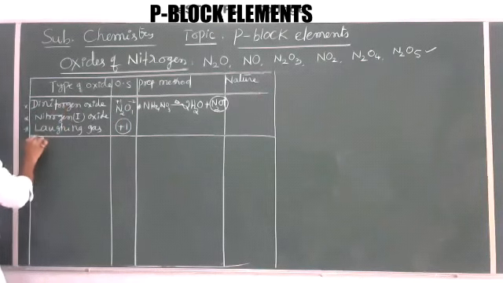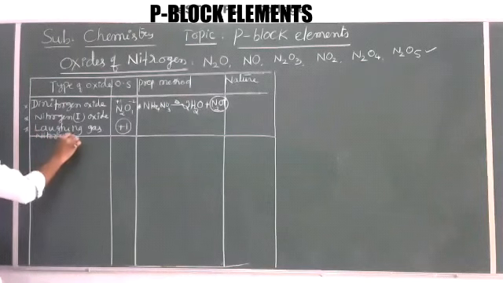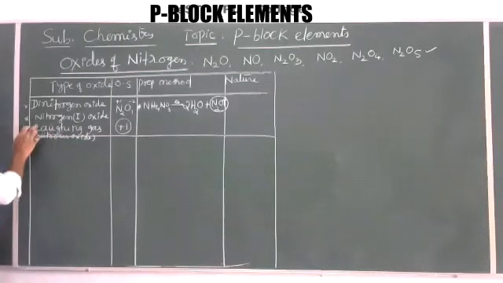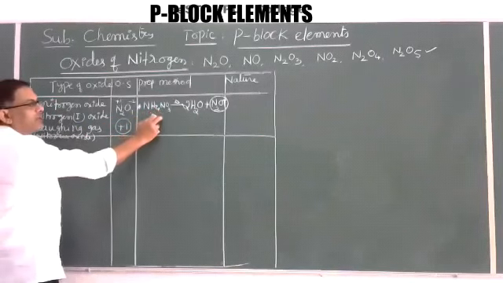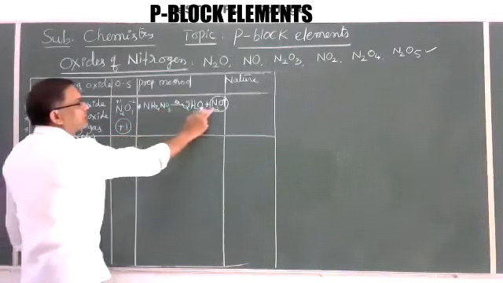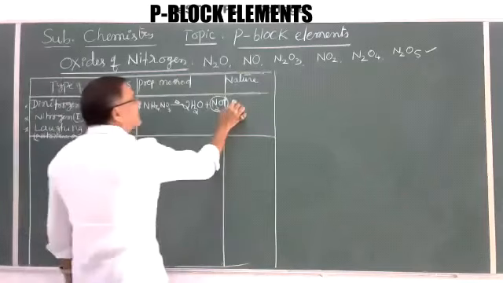Here I'll write nitrous oxide. This nitrous oxide, laughing gas, nitrogen 1 oxide, dinitrogen oxide. Preparation method is this: ammonium nitrate on heating will give water and this gas.